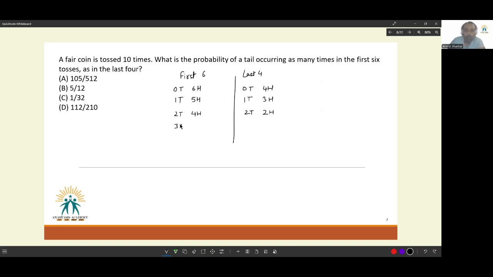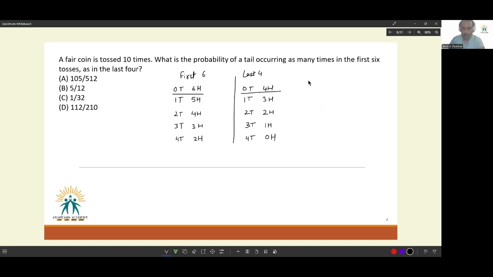We can have 3 tails, 3 heads, 3 tails, 1 head, and finally 4 tails, 2 heads, and 4 tails, 0 heads. So this should happen, and this should happen, or this should happen, and this should happen. So we have to find out probability of each of these lines.